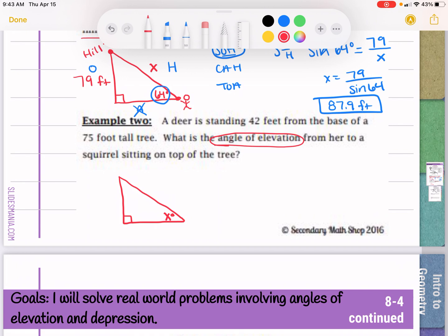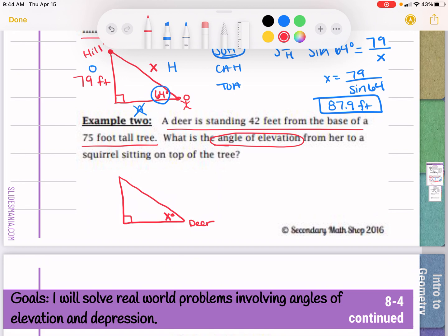And now it says a deer is standing 42 feet from the base of a 75-foot tall tree. So the deer would be down here. And it says they're standing 42 feet from the base of a tree.